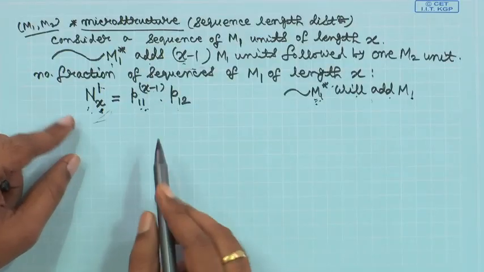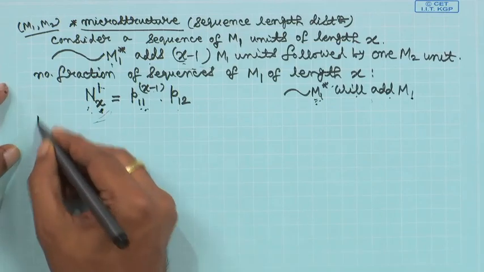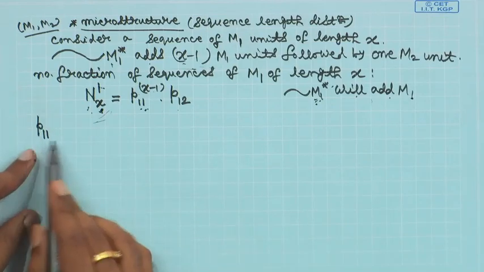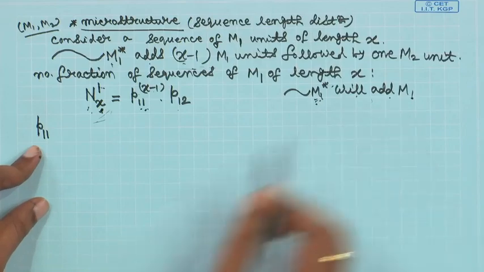So, it is reacting with M2 monomer, so that is P12. So, both the events are occurring simultaneously and both the events are independent of each other. So, they have to be multiplied. So, Nx1 is equal to P11 to the power x minus 1 into P12. What is the probability P11 that M1 star will add M1?